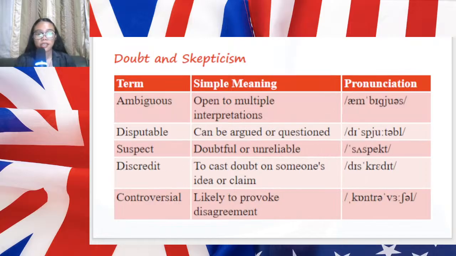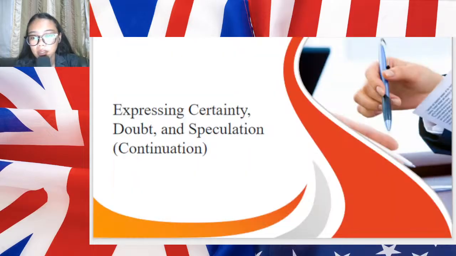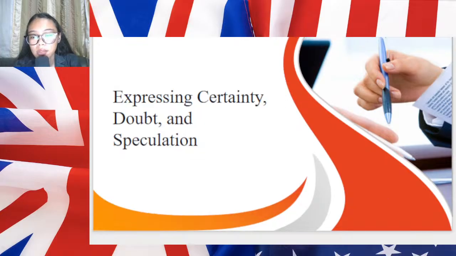And lastly, the last set of terms are on doubt and skepticism, under which are ambiguous, disputable, suspect, discredit, controversial. We end with the word controversial. So, that is the first 3 sets for this particular topic on expressing certainty, doubt, and speculation.